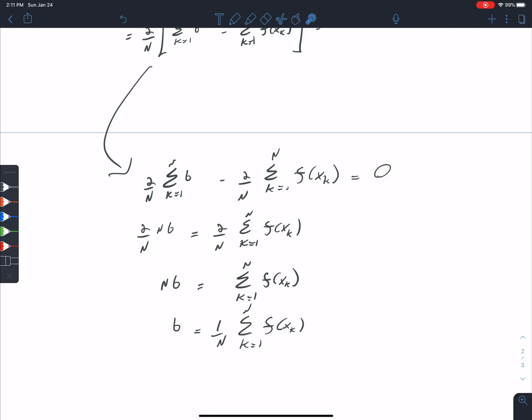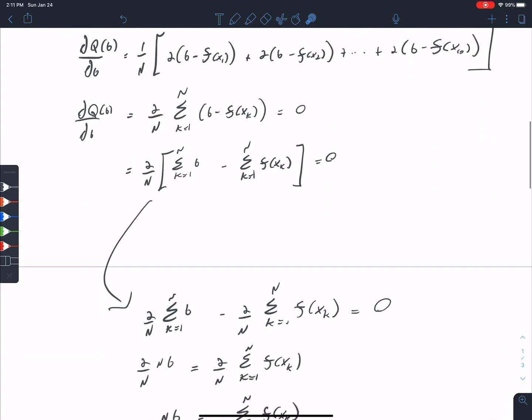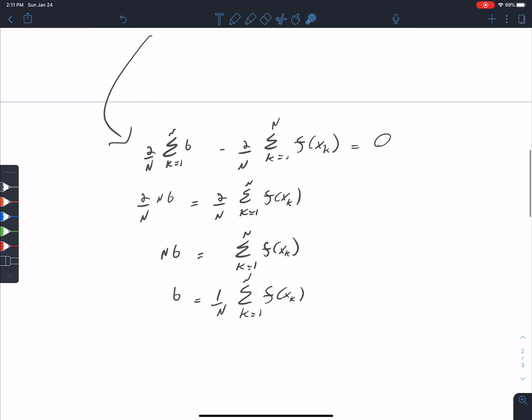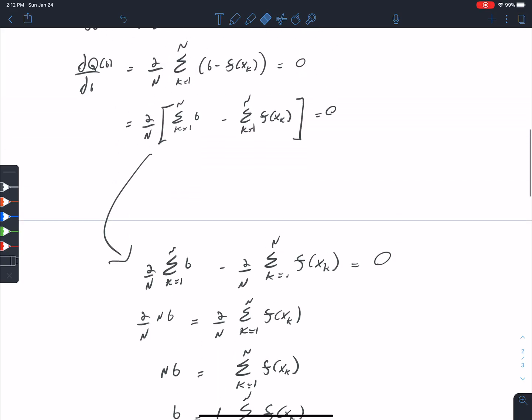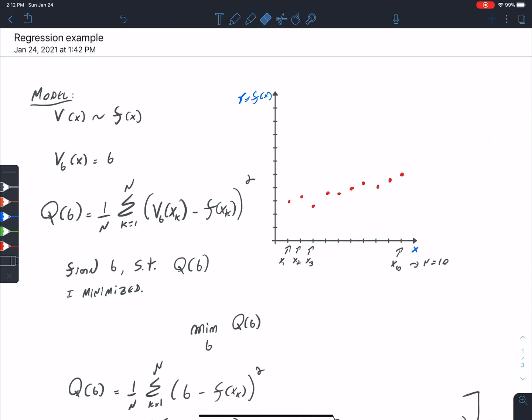Of course, we have one equation and one unknown, and this is why it was possible to apply a very simple technique to solve for b. And of course, we can graph now what the solution is. By the way, we also observe that the solution for b is simply the average value of the data points. I'm summing these data points and dividing by n. So we can plot this average value here. Let me choose a different color. Let's choose green maybe.